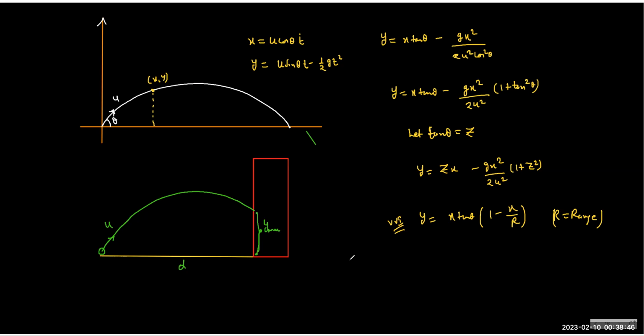Okay. Do you guys remember the maximum range on the plane? I guess 45 degree. Of the plane, not on a horizontal ground. So you know how to find the range, right? Up the plane, down the plane. Yes, sir. So what is the maximum range possible?